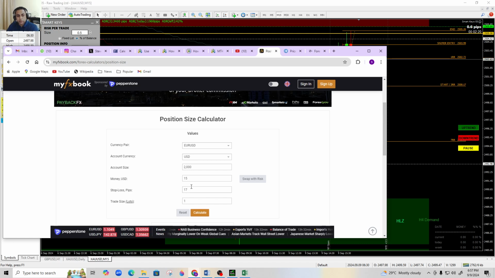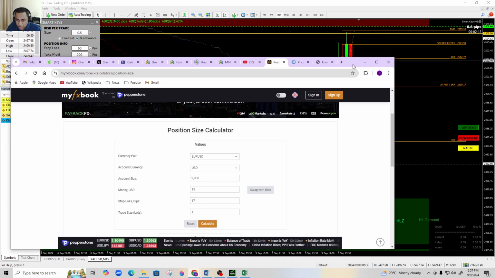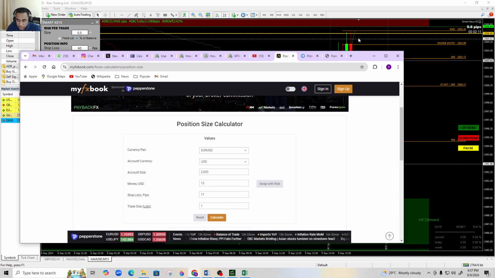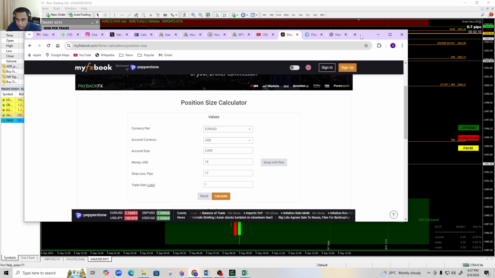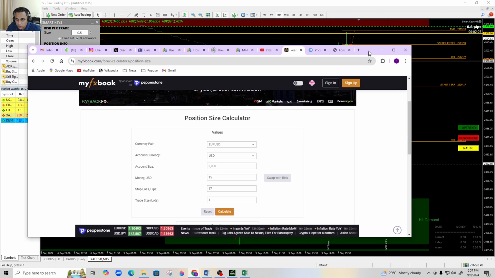So now, instead of risking $25, I'm willing to risk $15 on the trade, because it's not exactly where I want it to be. It's just a few pips below. Right?